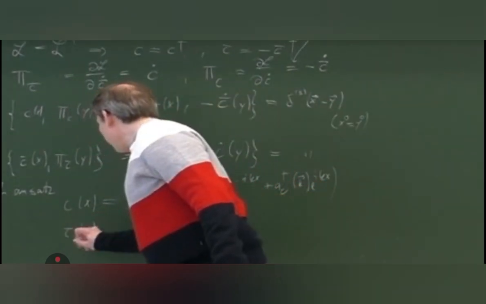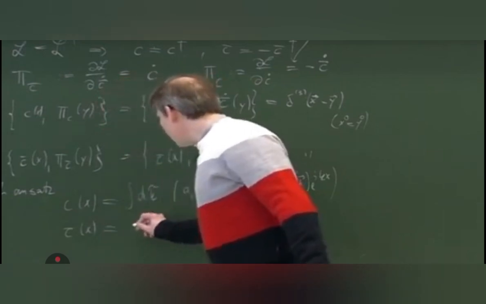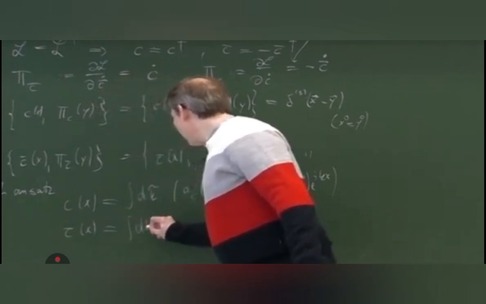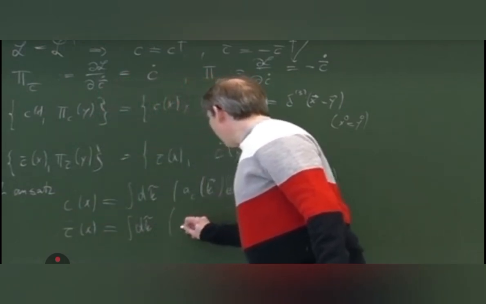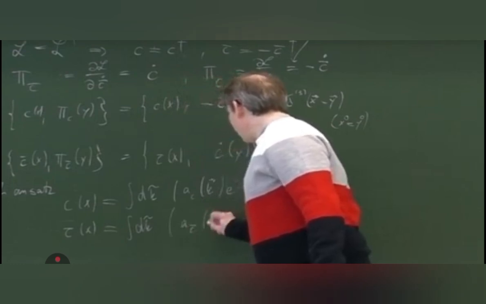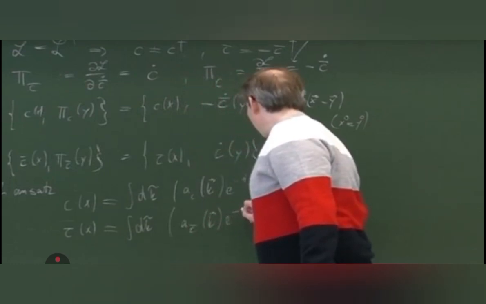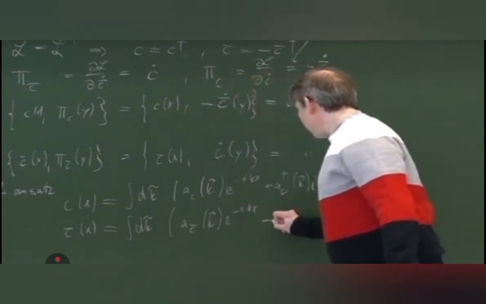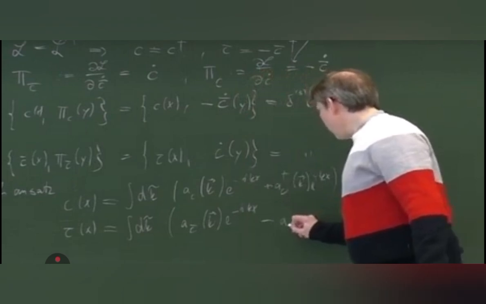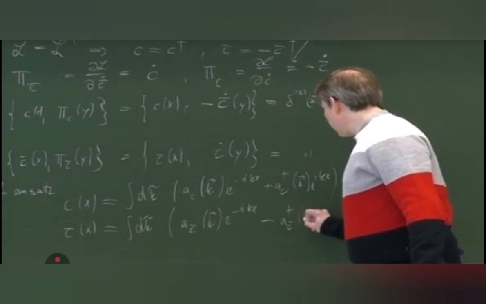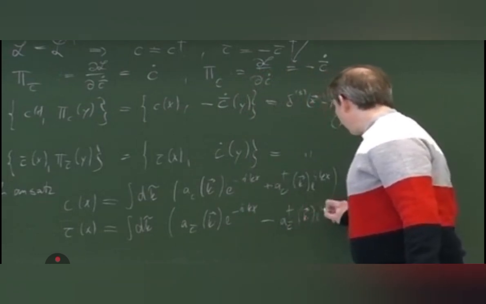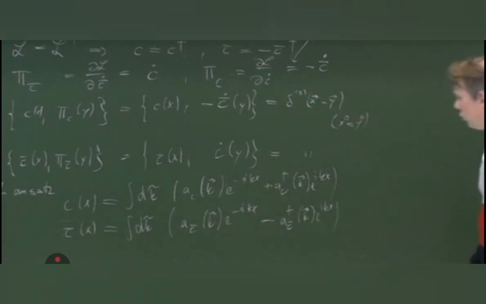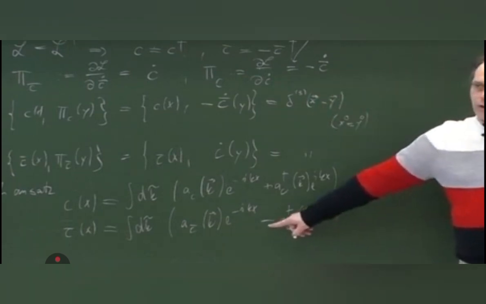Okay, and then we also need an ansatz for our anti-ghost field, C bar of x, which is anti-Hermitian. So dk tilde a sub c bar of k e to the minus ikx, and now we simply do minus a c bar dagger of k e to the ikx. Okay. And now again it's manifestly anti-Hermitian because of the minus.